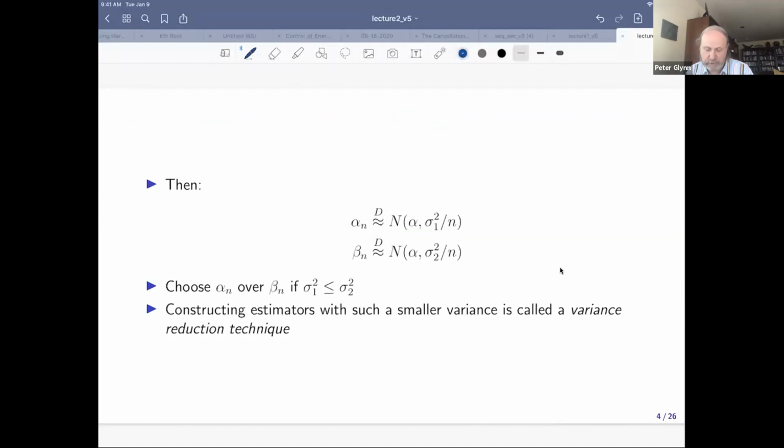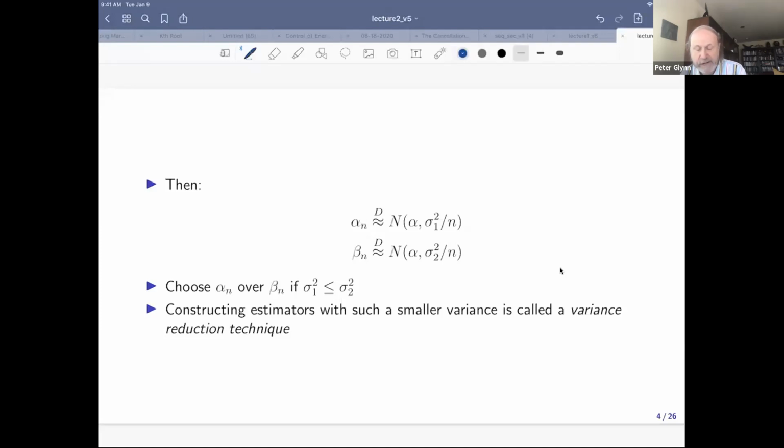So if we unpack those two limit theorems, they suggest that alpha n and beta n for large n look like normal random variables having mean alpha, but with different variances: in the case of alpha n, sigma 1 squared over n, and in the case of beta n, sigma 2 squared over n.